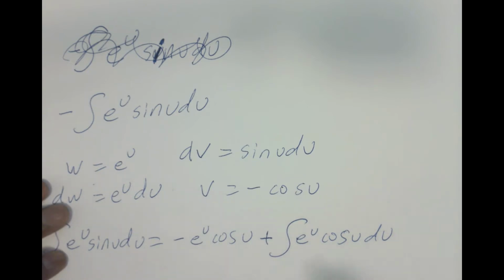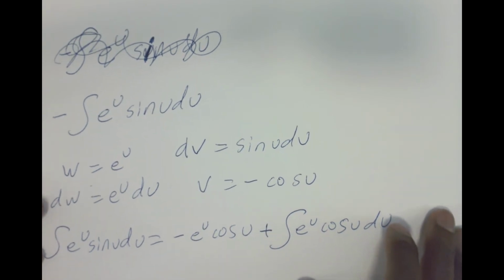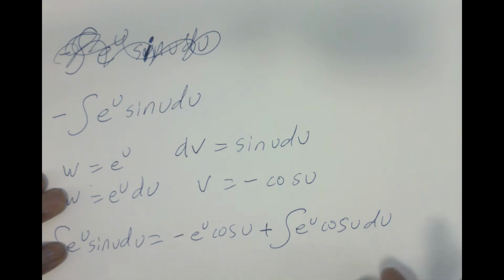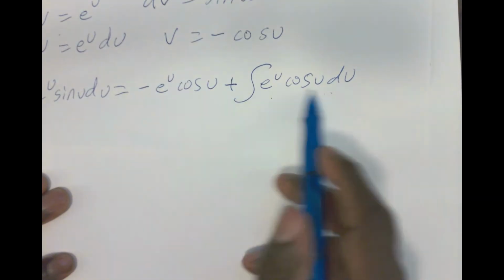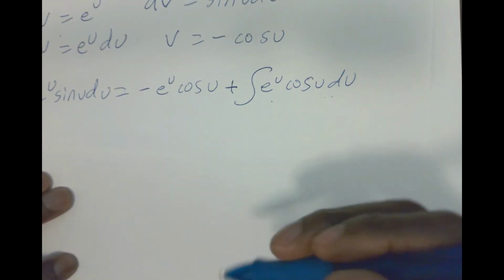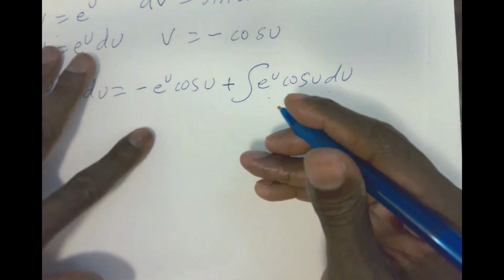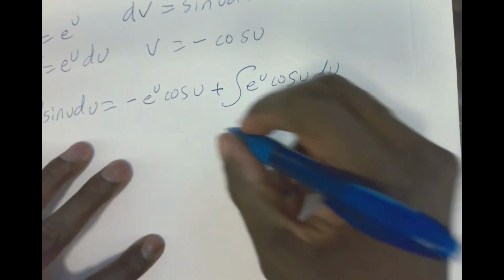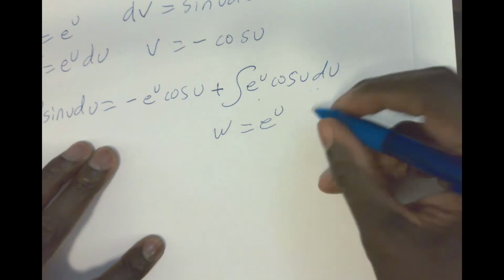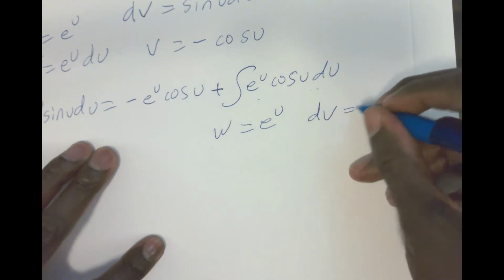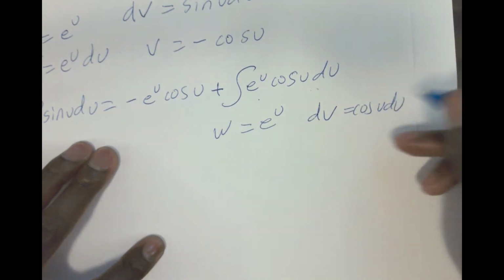So I guess I can write here before I go to a new sheet. So no, I think I'd rather do this on the new sheet. So I'm now trying to get this guy. I will write this on this sheet. I'm going to make w, and I'm going to use w again, equal e to the u, and I'm going to make dv equal cosine u du.